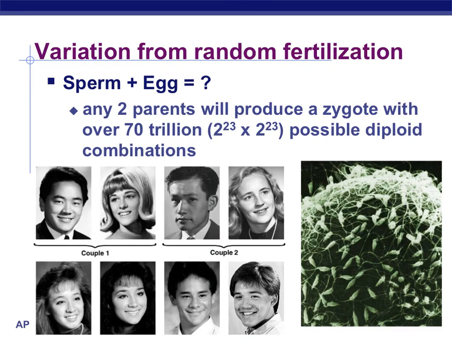Back with humans, since there are two parents who each have this huge number, over 8 million opportunities to produce a certain gamete, and the essentially random fertilization of which sperm and which egg fertilize, we've got a lot of diploid combinations of a fertilized cell.